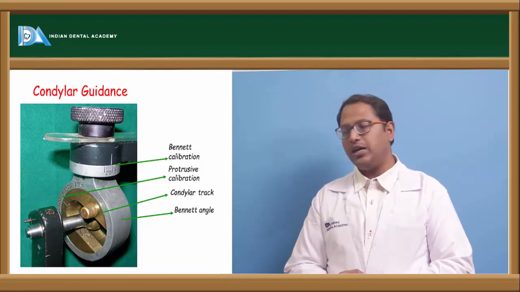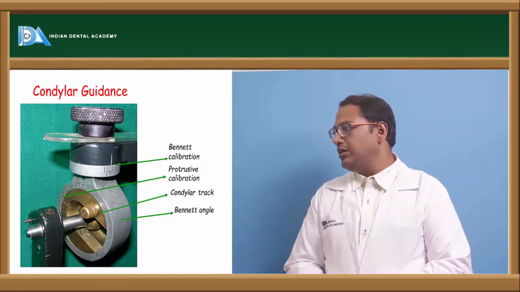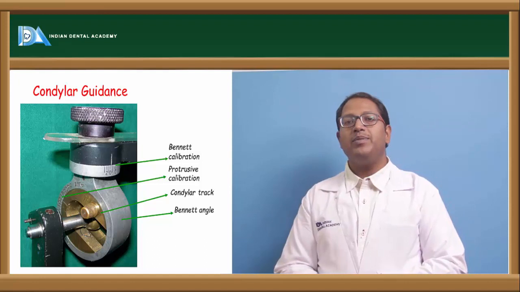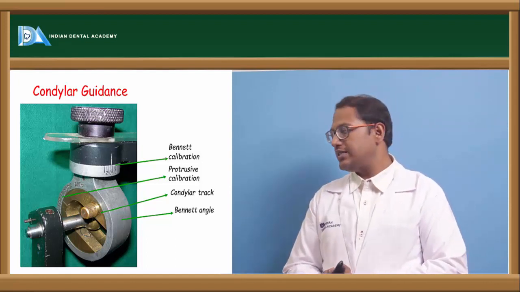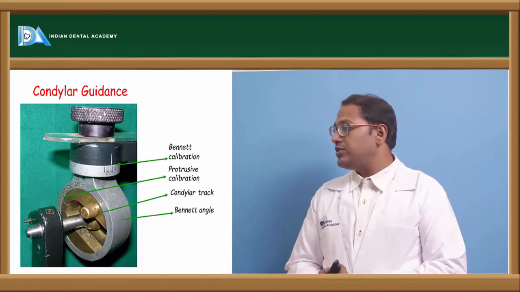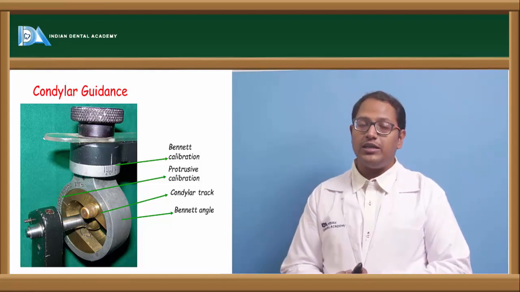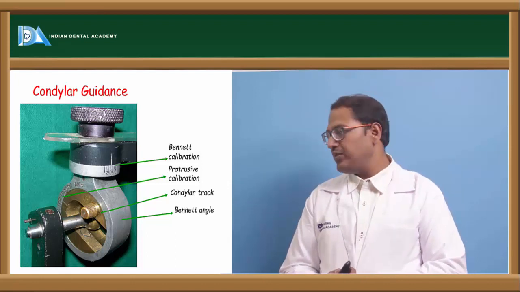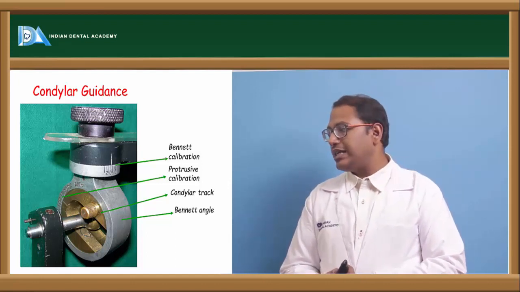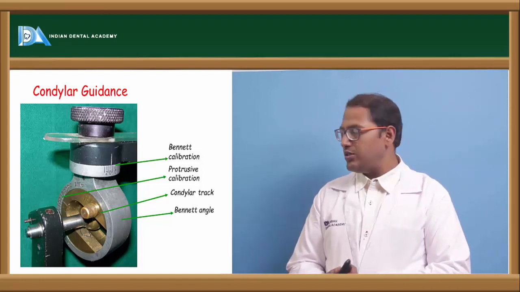This is a picture of the Hanau H2 wide view. Here we are supposed to keep the Bennett calibration, which is on the top, at 30, as the zeroing of Hanau articulators suggests. We are supposed to keep the protrusive calibration again at 30, and the incisal table will show 0. So we can see a condylar track where the condylar element follows.